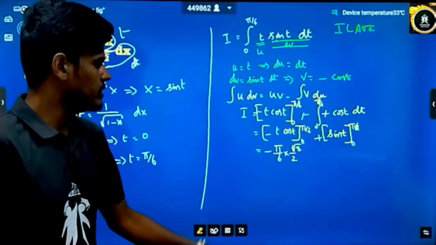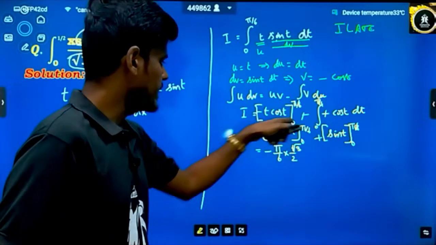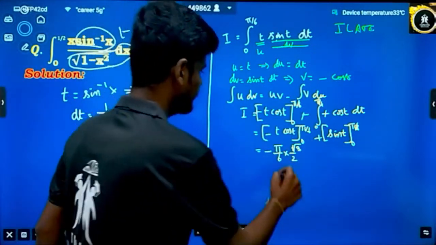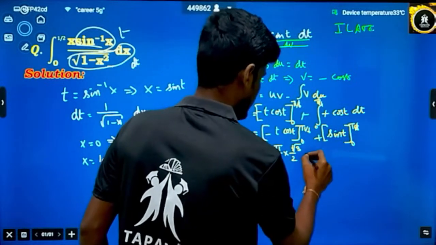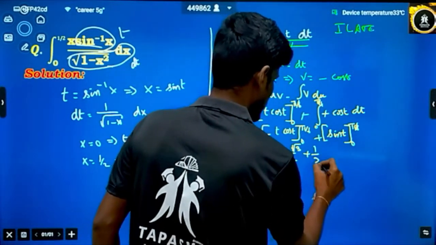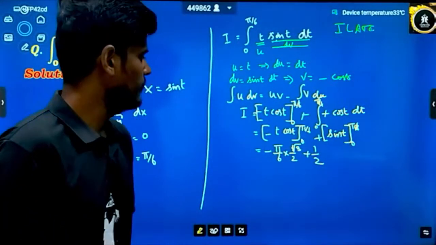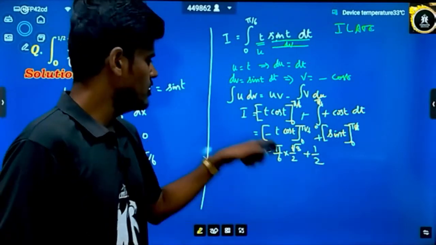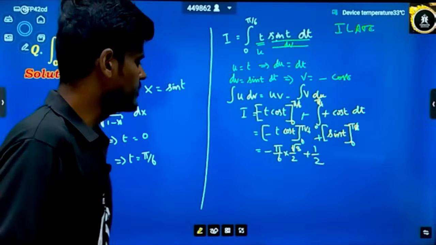Cos 30 is root 3 by 2. Then again sin 30 will be 1 by 2, plus 1 by 2. Sin 0 is 0. Here also we'll get t is 0. So lower limit completely becomes 0.